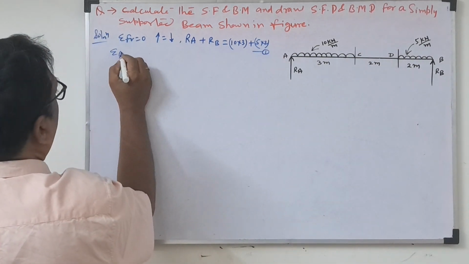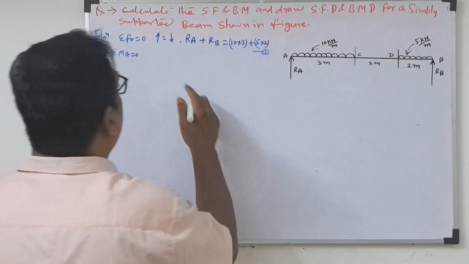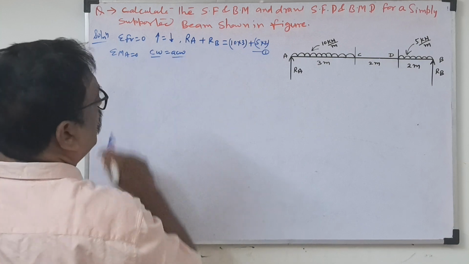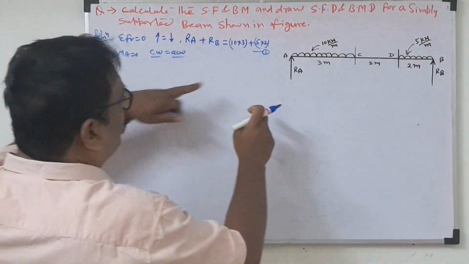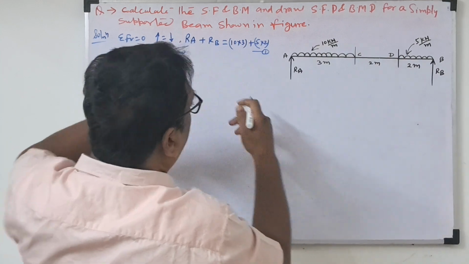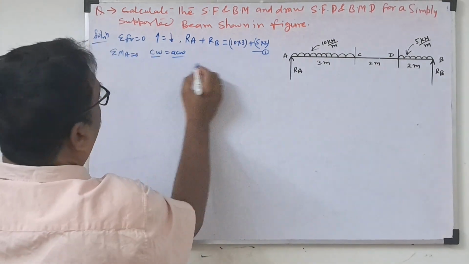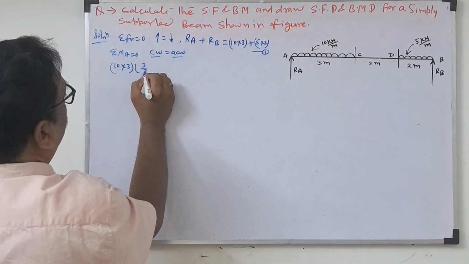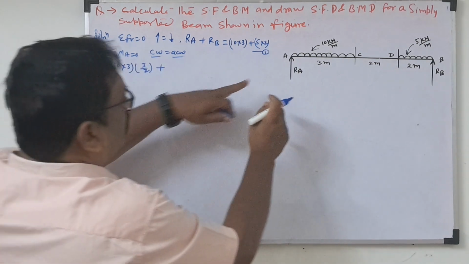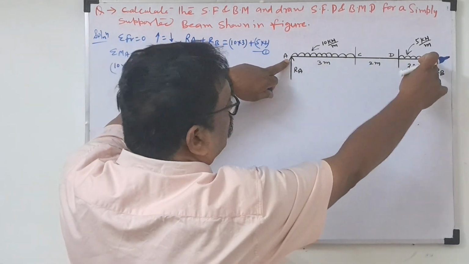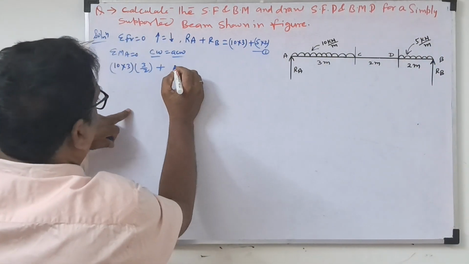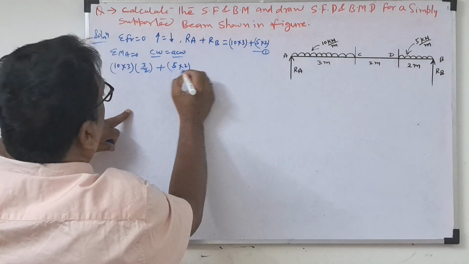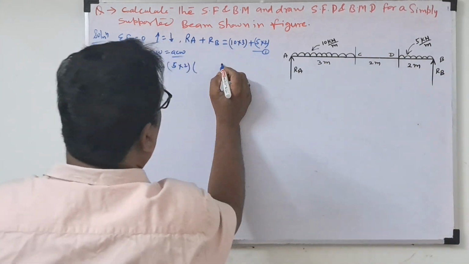Now take the moment about A. That means total clockwise equals total anti-clockwise. So taking moment about A: 10 into 3 load, then half distance, 3 by 2, plus the second UDL, 5 into 2 load, then 2 by 2 half distance.